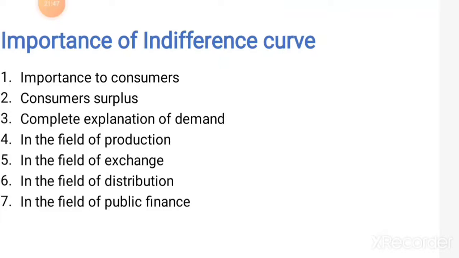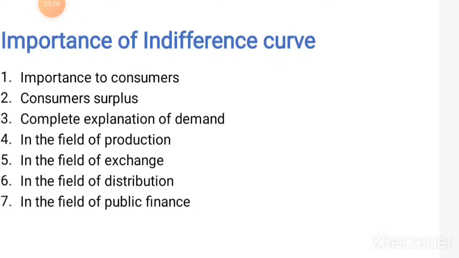Okay students, the first importance here is importance to consumers. Consumers are nothing but we, the common people who go to the market and purchase some commodities. So we will first try to plot this graph on paper, and get 2 to 3 different indifference curves. By studying that graph we will get to know which to choose: the graph which takes the highest position, because that curve will have the highest satisfaction.